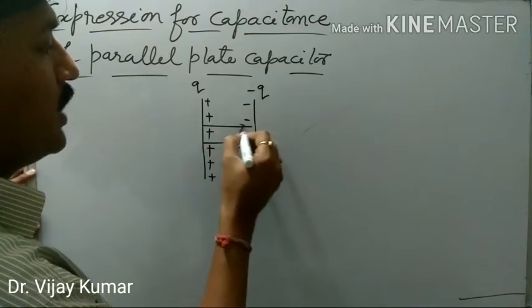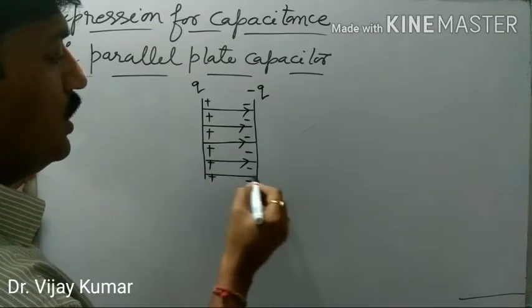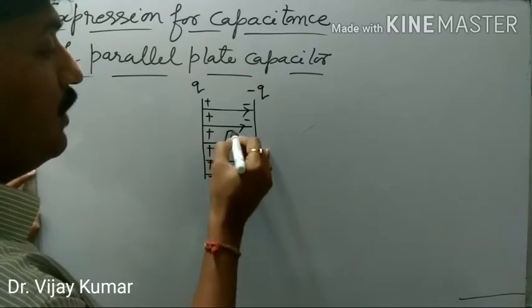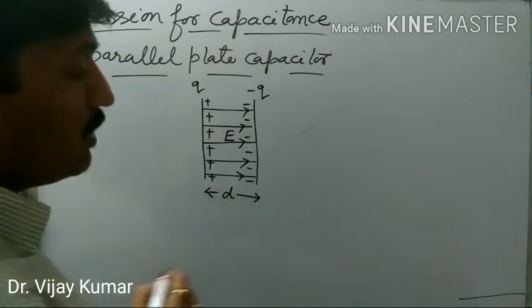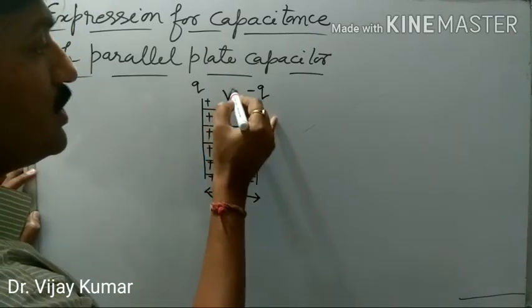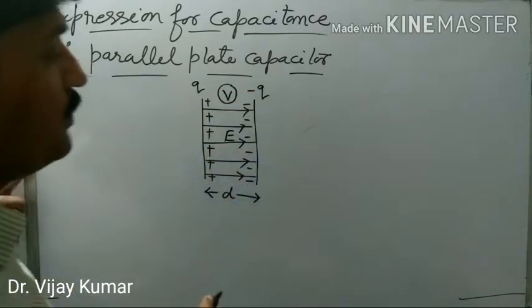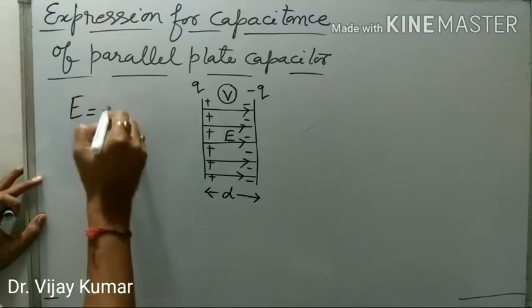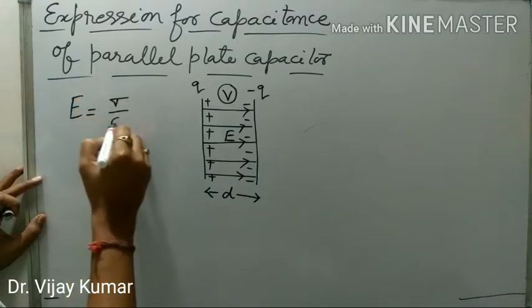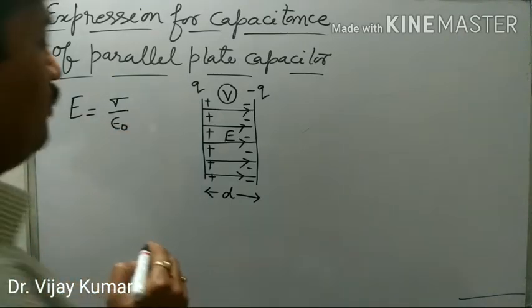This is the direction of the electric field, from the positive plate to the negative plate, electric field E. Suppose d is the separation between these two plates and there is a potential difference V between these two opposite charged plates. We can determine the electric field between the plates, which should be equal to sigma upon epsilon naught, which we have already derived in a video.